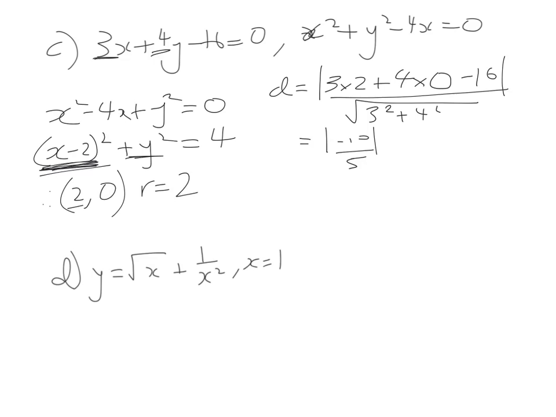Absolute of negative 10 is positive 10 over 5, which is 2. And you can see that the radius is 2, so therefore the radius is equal to the perpendicular distance, so therefore it is a tangent.